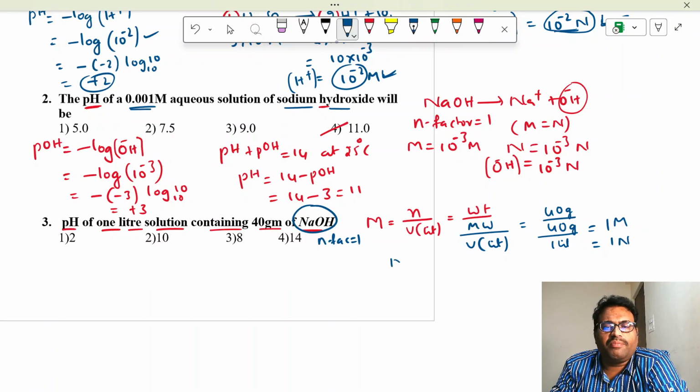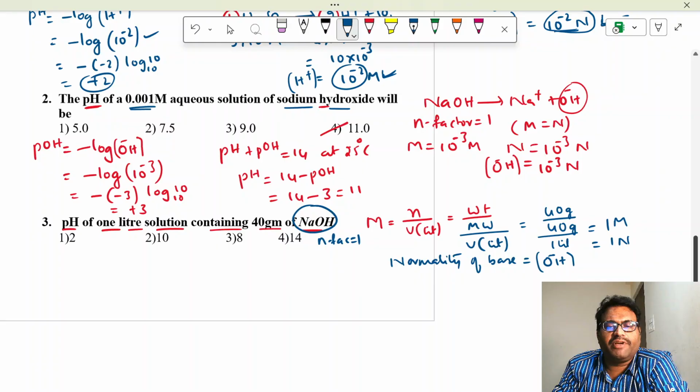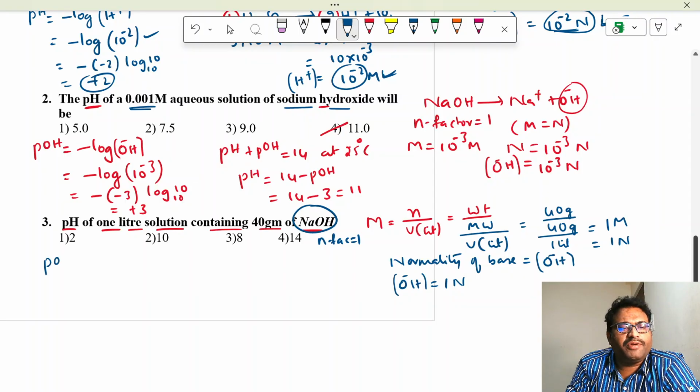And normality of base is equal to OH minus ion concentration, right? So now I can write OH minus ion concentration as how much? 1 normal. Now calculate pOH. pOH is equal to minus log OH minus ion concentration.